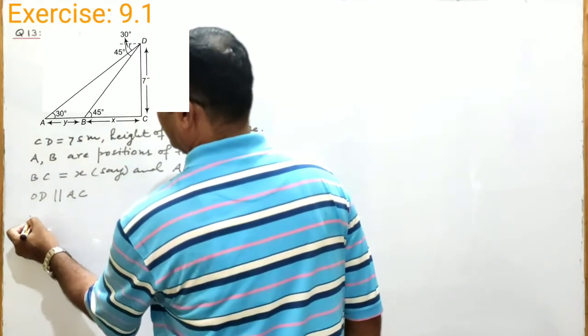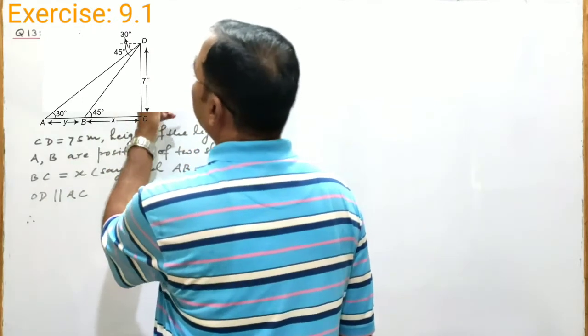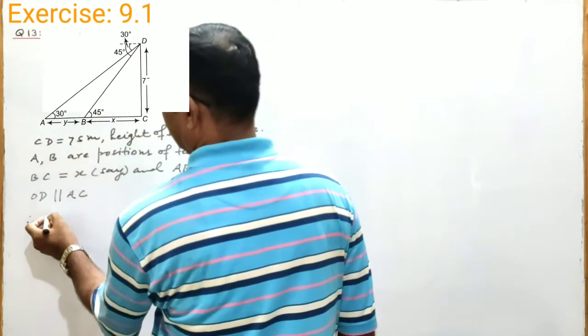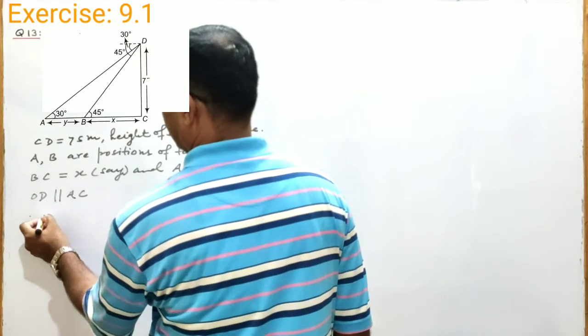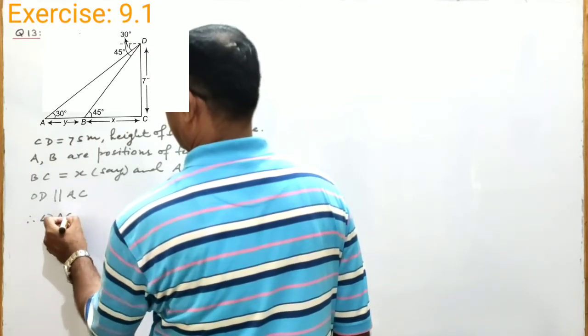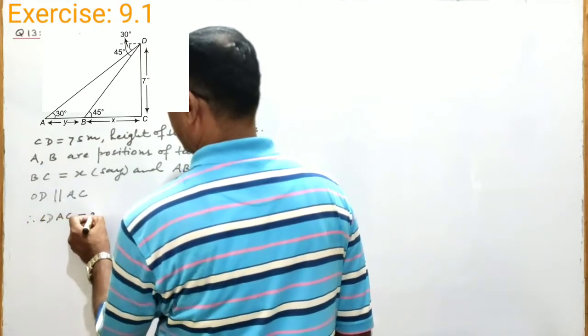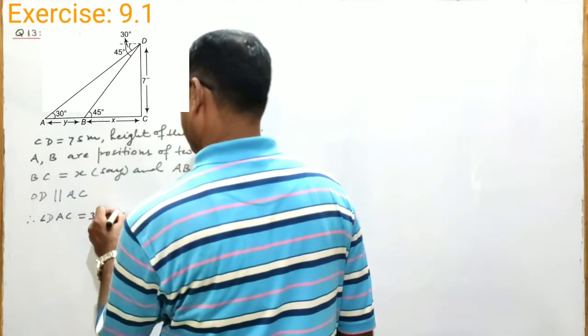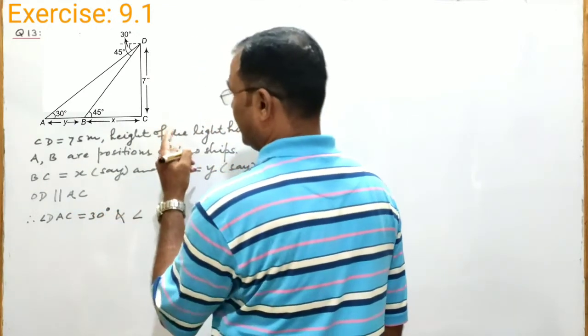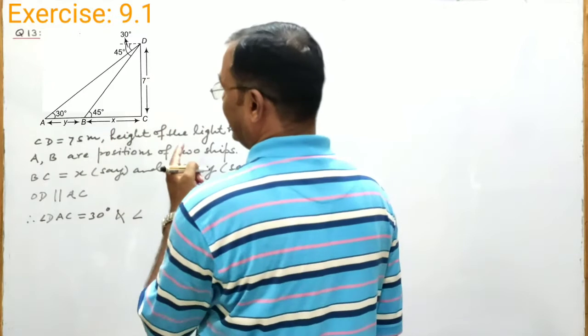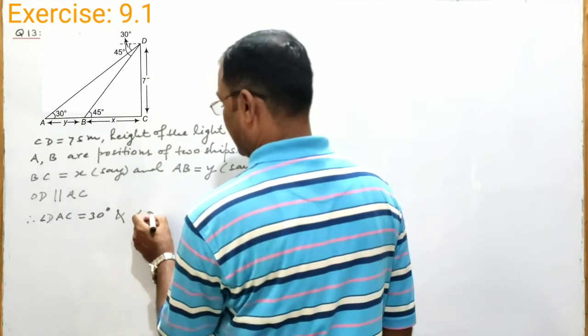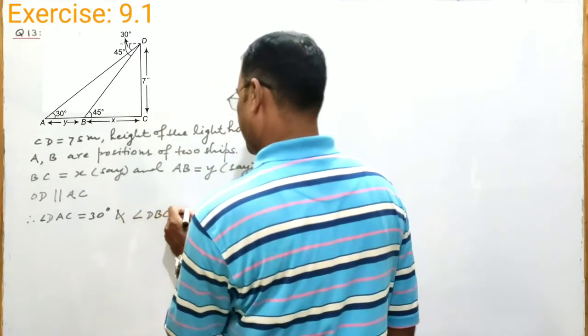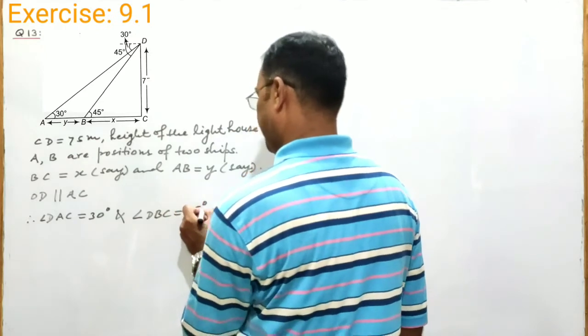So therefore angle DAC equal to 30 degree, being alternate interior angles, and angle DBC equal to 45 degree.